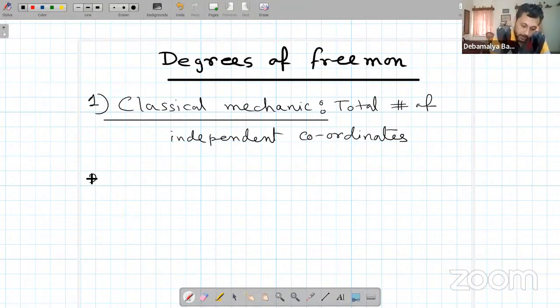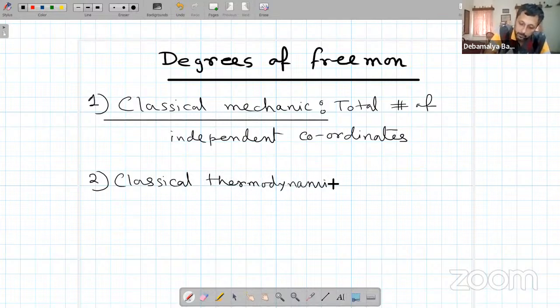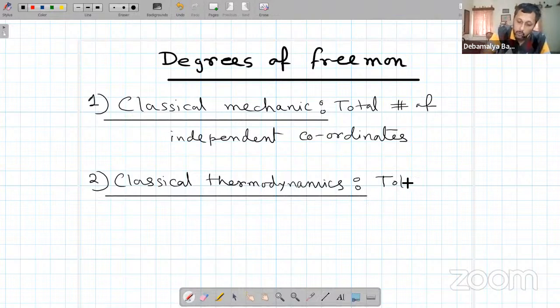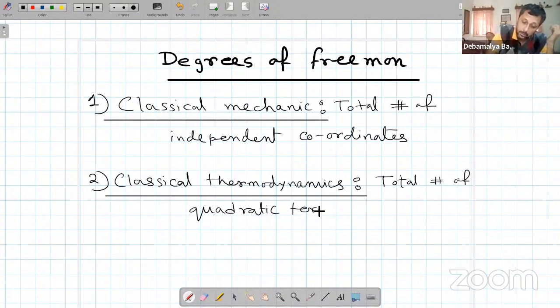And in classical thermodynamics, it is the total number of quadratic terms in the energy expression.